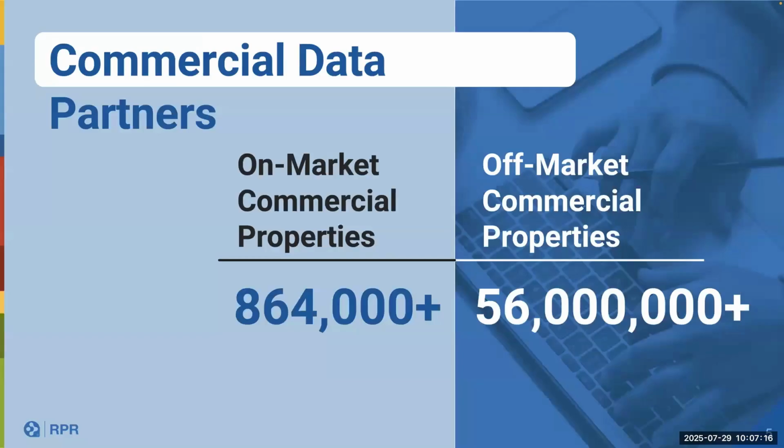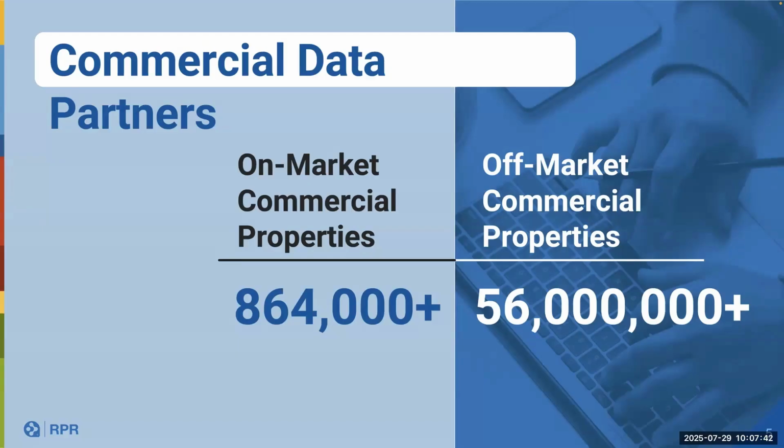But we're going to start and just talk a little bit about the numbers, and obviously take these with a grain of salt. If you hear the term off-market or public record, that is just commercial parcel information that doesn't have any current listing information attached to it.